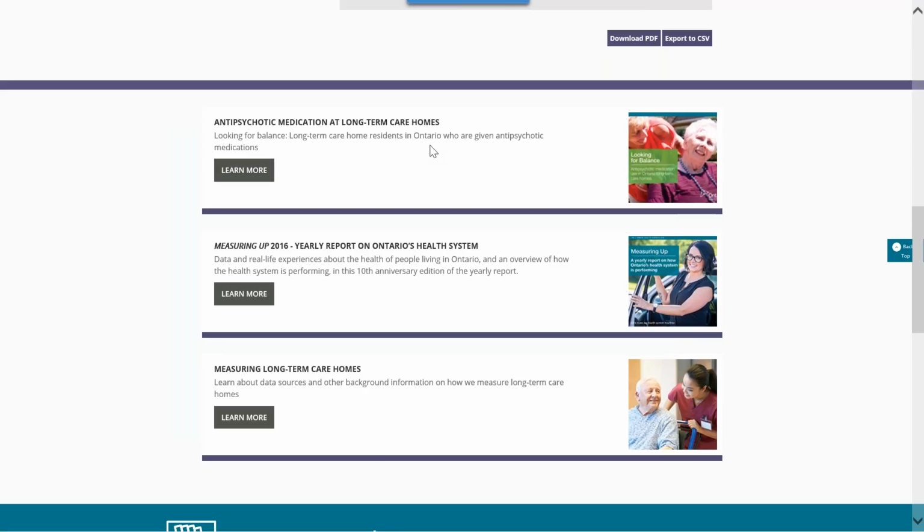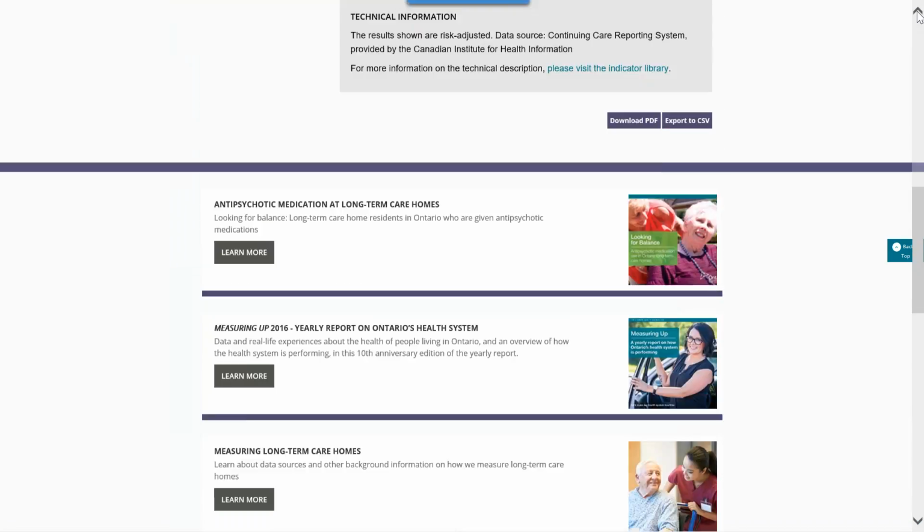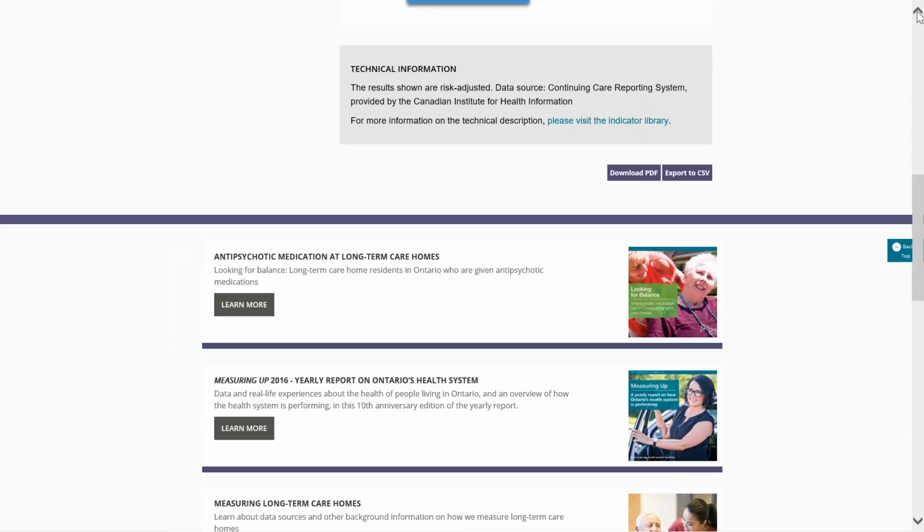So you can see this one gives you a detailed explanation of why it's that way, some of the research literature that you can look at, and what have you. So you have a whole wealth of information. Again, please remember that information will not be up to date. It won't be current, and it's going to be more than a year old in some cases.